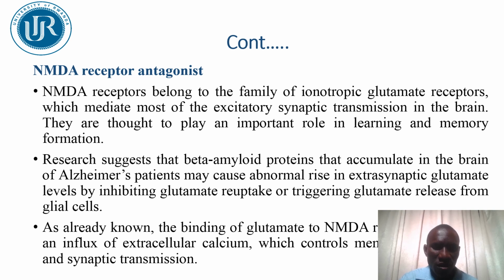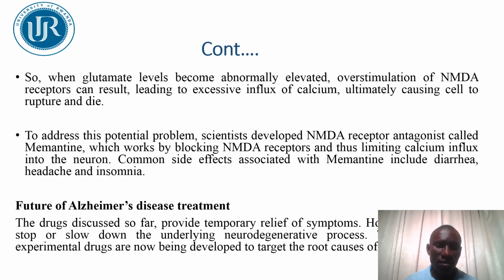As already known, the binding of glutamate to NMDA receptors can lead to influx of calcium, which can promote action potential generation, and this can cause cell death. So when glutamate levels become abnormally elevated, there will be overstimulation of NMDA receptors, and this can lead to cell rupture and even cell death.